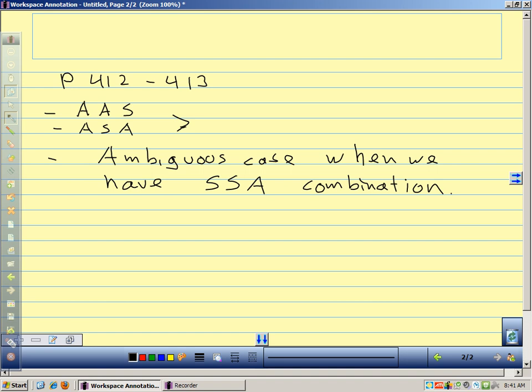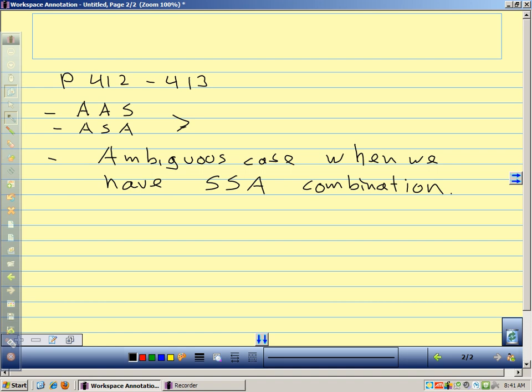Those were two of the postulates that we could use to prove that triangles were congruent. But SSA, side-side angle, was not a postulate we could use to prove triangles congruent because we didn't necessarily get a congruent triangle. And that's what the pictures on page 412 are telling us.